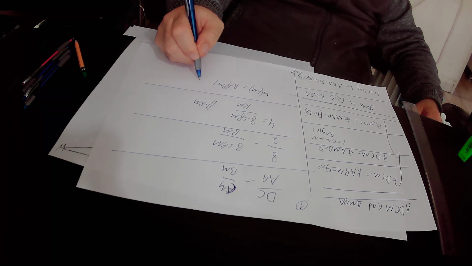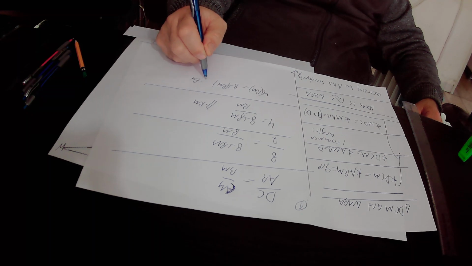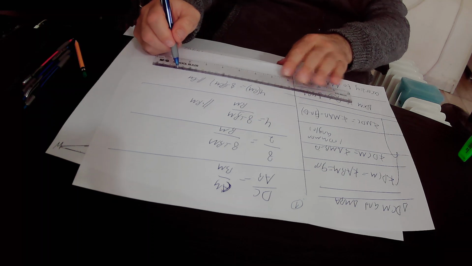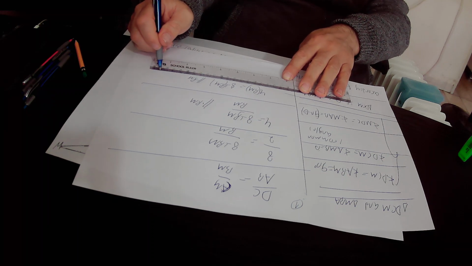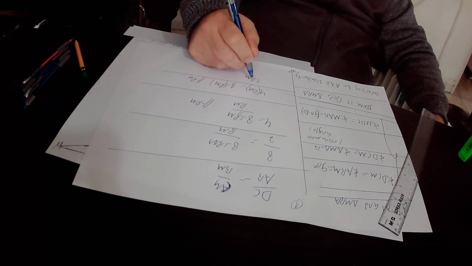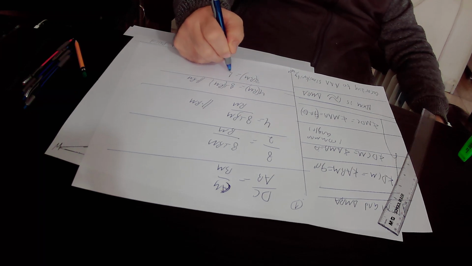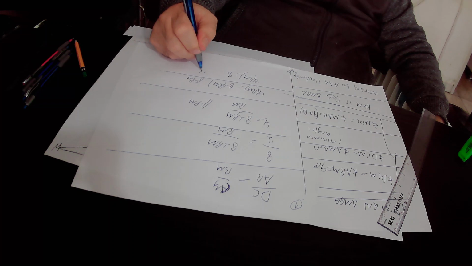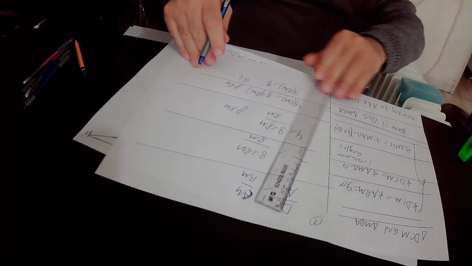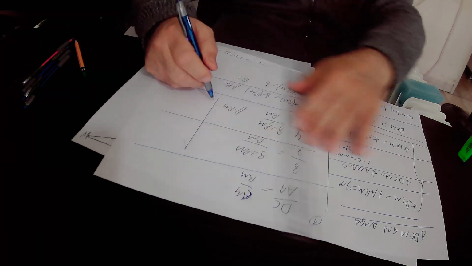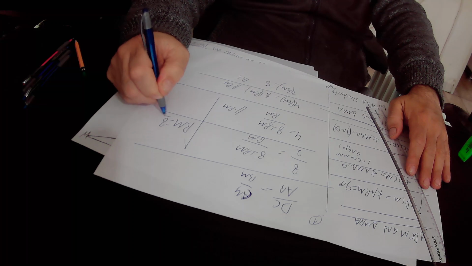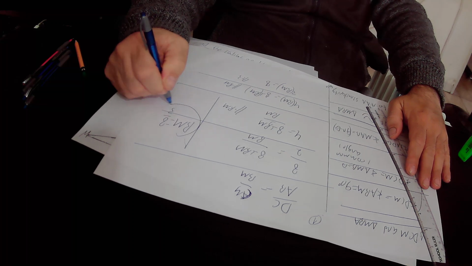Here we subtract BM from this equation, and we get that 4BM minus BM is 3BM, so 3BM equals 8. Here we divide this equation by 3, and finally we get that BM equals 8 over 3 units in its length.